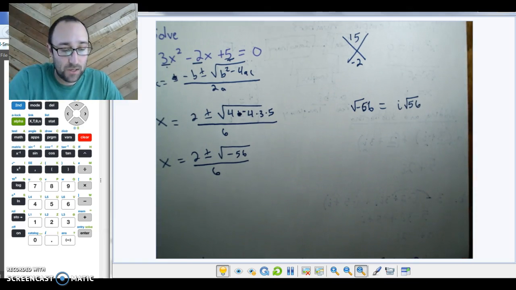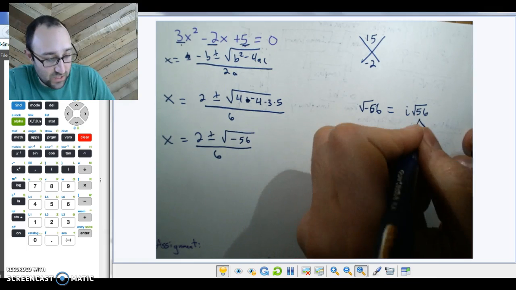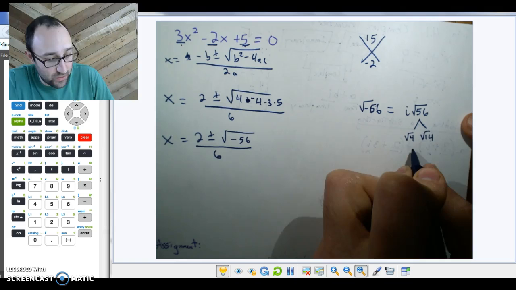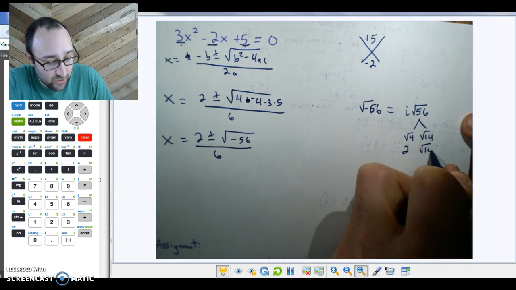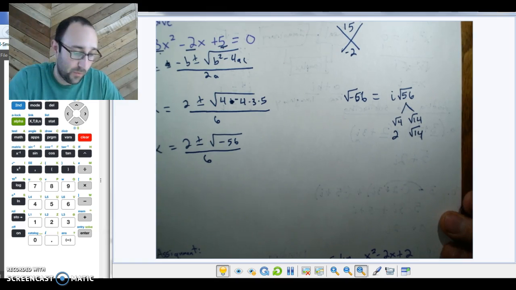Are there any perfect squares that go into 56? 4 does go into 56, right? Because 4 goes into 60, so 4 will go into 56. So I can break this down, and that should be 14. So it should be the square root of 4 times the square root of 14. The square root of 4 is just 2, and the square root of 14, are there any perfect squares that go into 14? 4, 9, no, we're done.